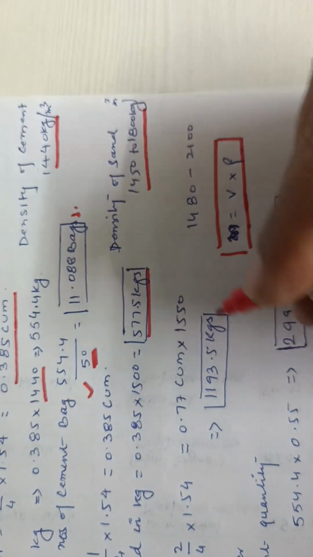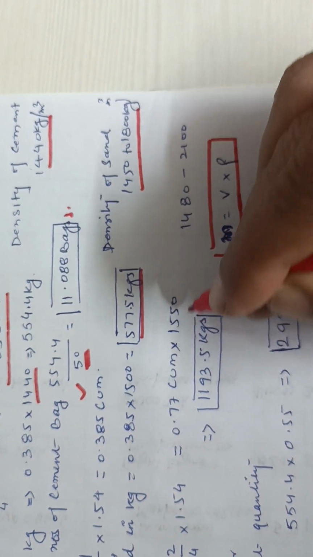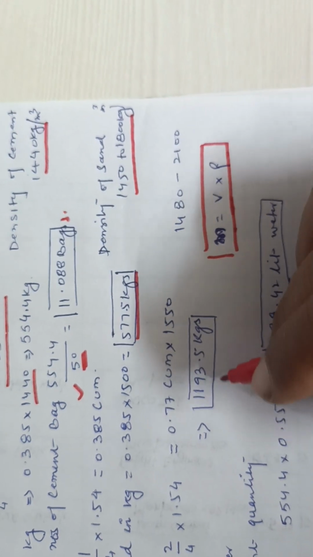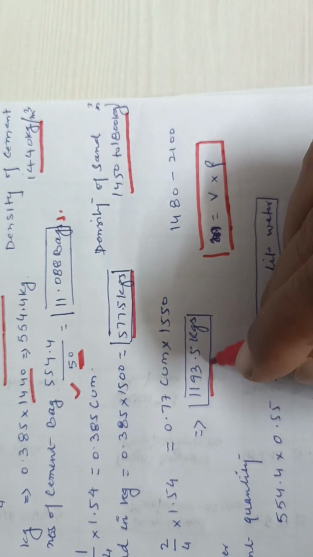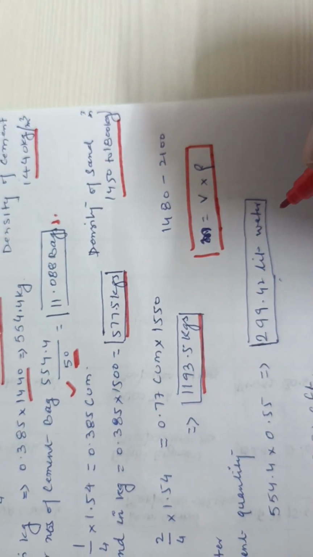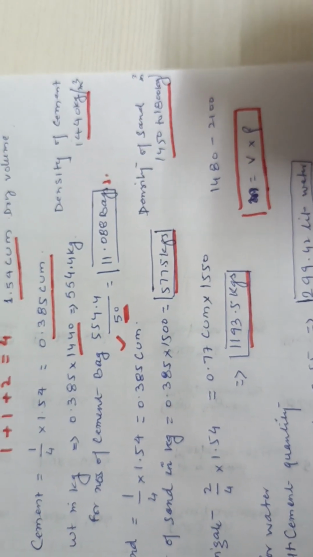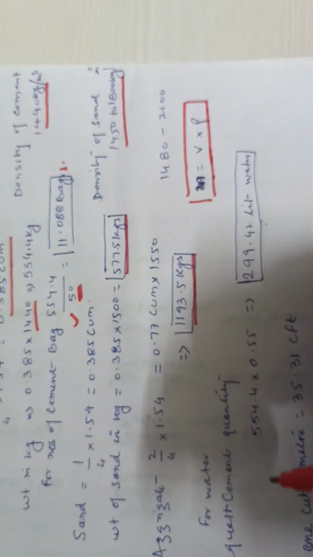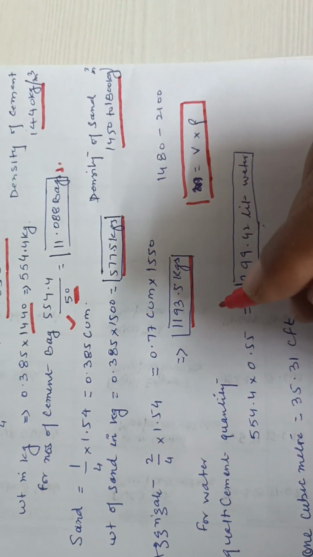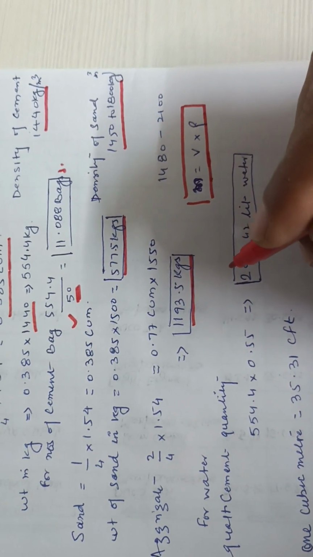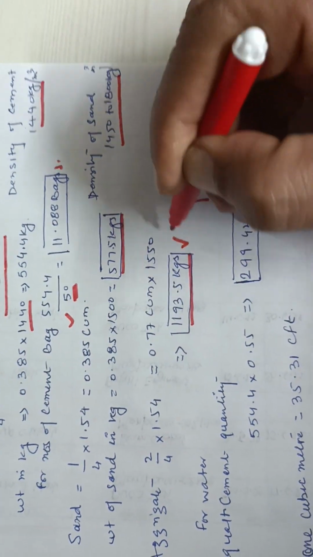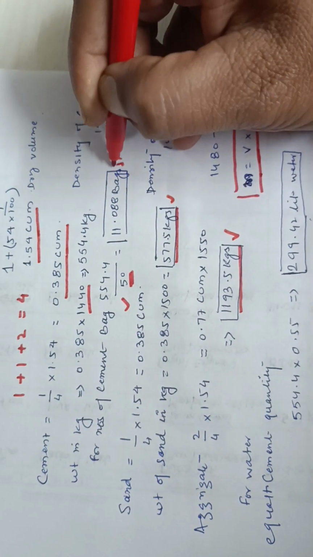So take the middle, 1550, and you will get 1193.5 kg. This is the aggregate. Now, to find out the cost, you can also convert to cubic foot. You have got aggregate, sand and cement.